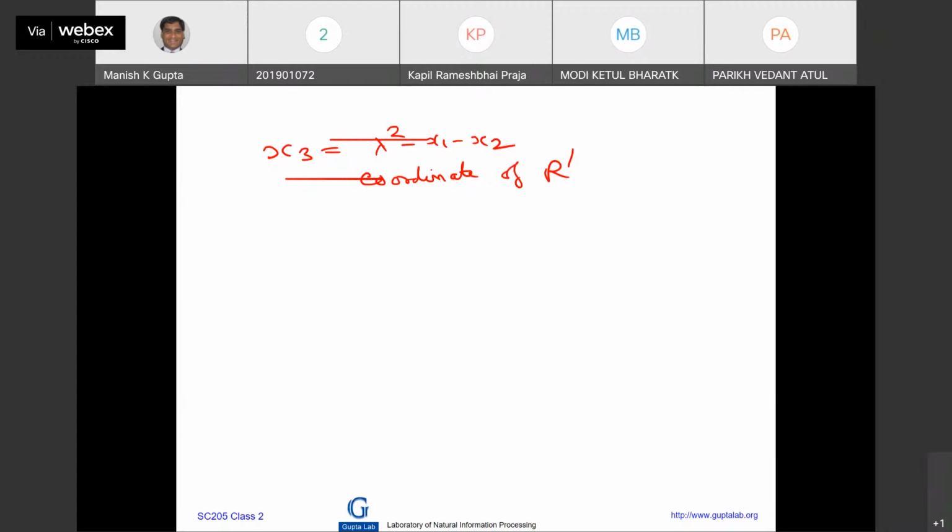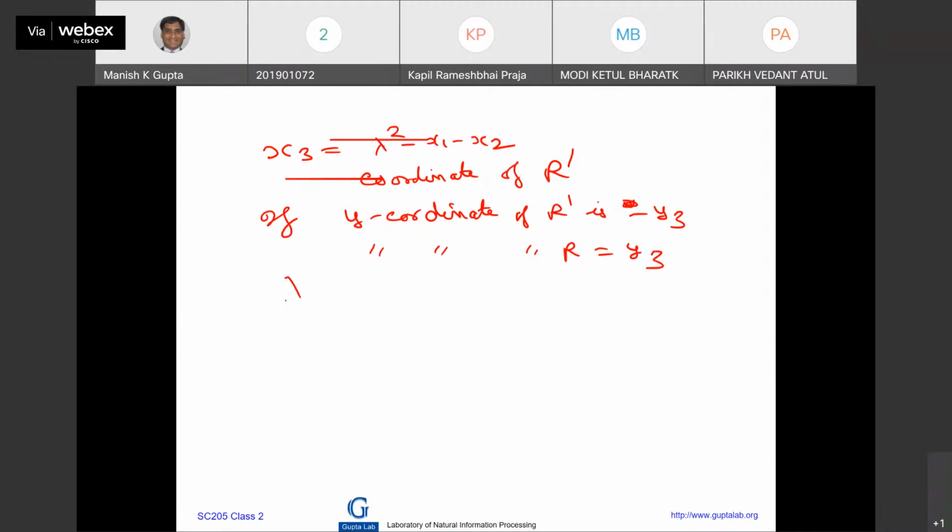So basically, if the y coordinate of R prime is minus y3, the y coordinate of R is equal to y3.